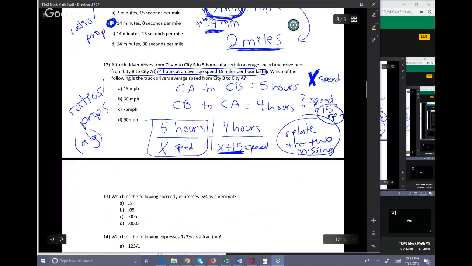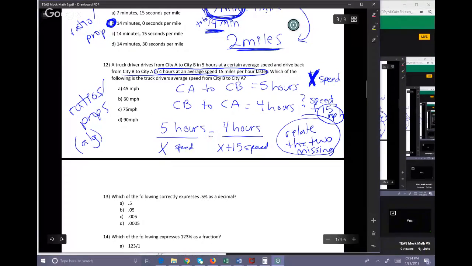When it took 4 hours, you were going at an almost completely unknown speed, but you happen to know a little bit more about this than you knew about that. So we can end up with X in our proportion twice because it's X in both instances.